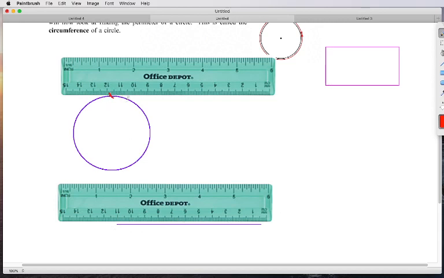So if we took this here and we put this side down here and this side down here, we would end up getting one side over here, one side over here, and a straight line. But of course we can't cut open circles. So because of that, we have to measure it using a formula.